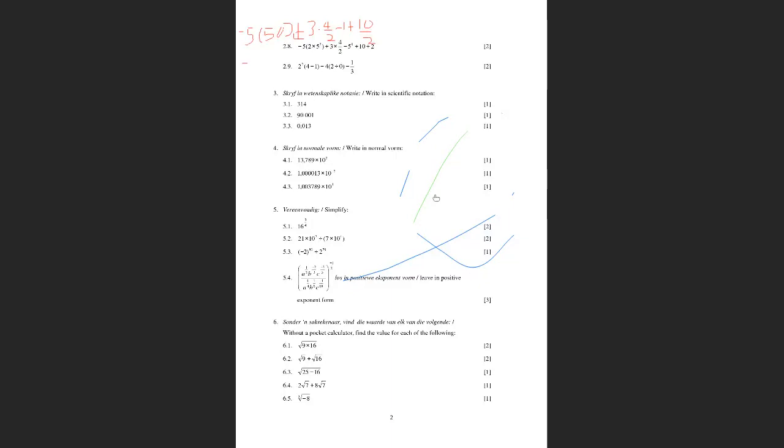So we have minus 5 times 50, plus 3 times 4 over 2. 4 over 2 is 2, minus 1, plus 10 divided by 2 is 5.